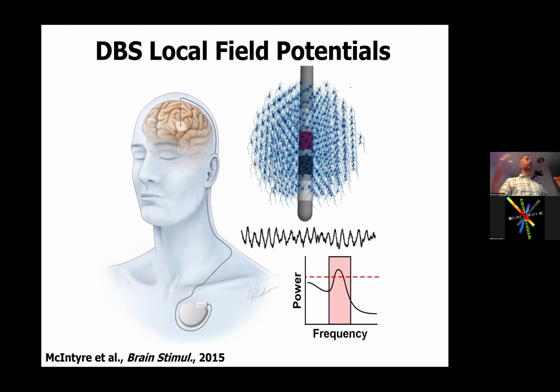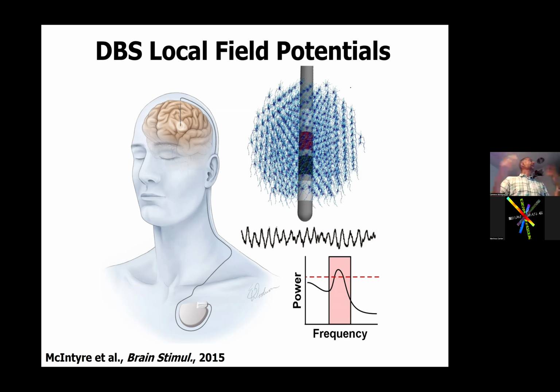They also noticed that when you gave dopamine replacement type drugs to these patients, or when you turned on the stimulator, these beta band oscillations would go away, and then they would gradually come back as the patient went back to having Parkinsonian symptoms.